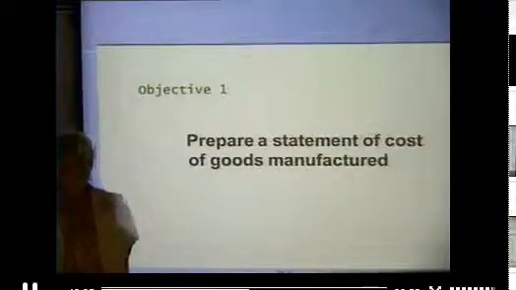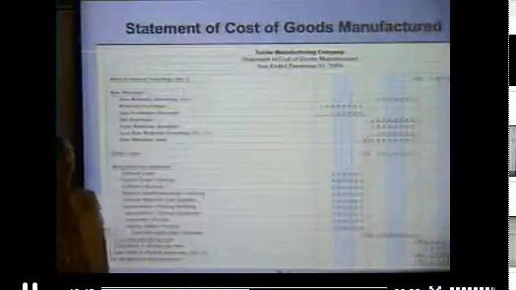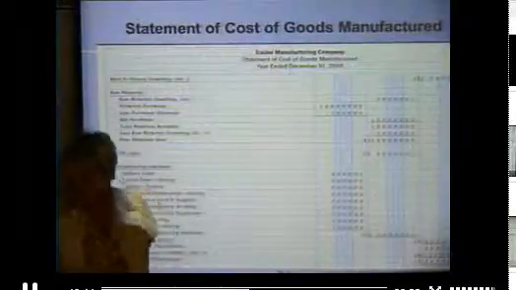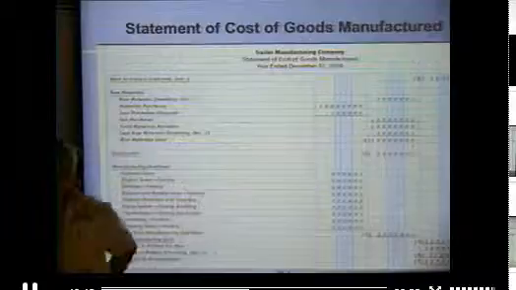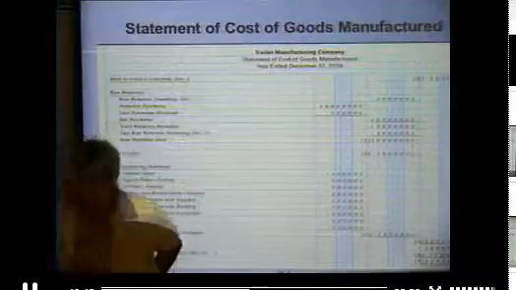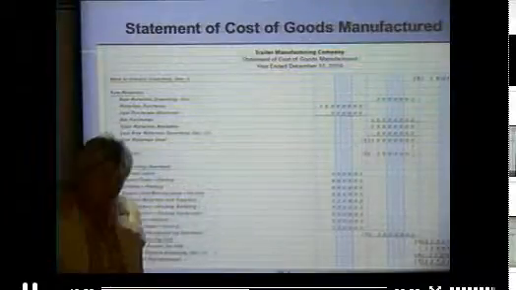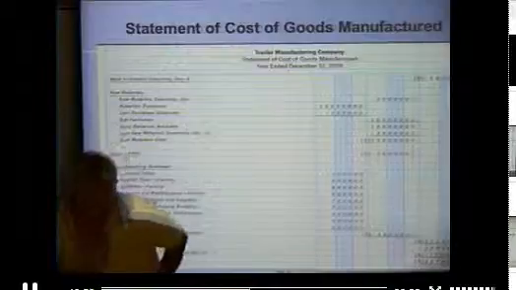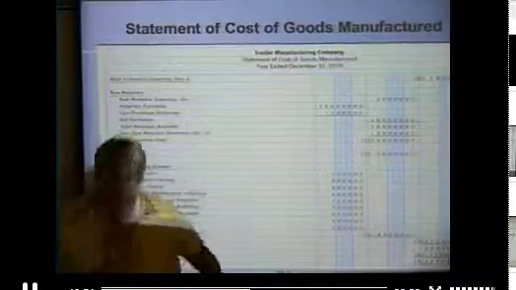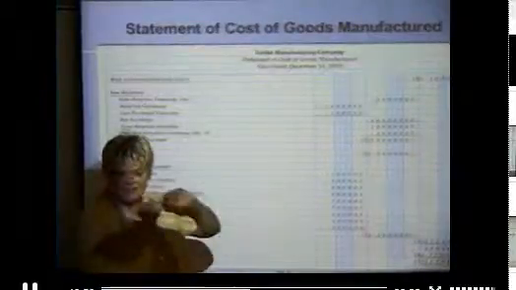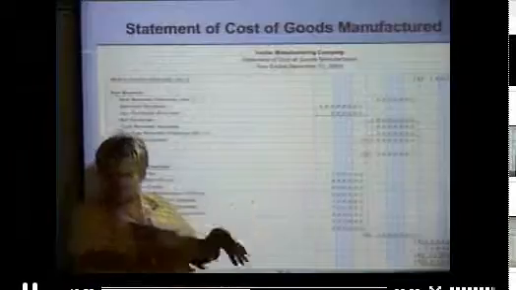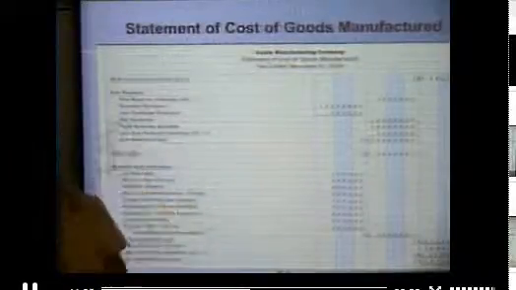Usually goods that are manufactured have more inventories, because we've got a raw materials inventory of just stuff that's out there that we put together to make a product. So we've got raw materials.